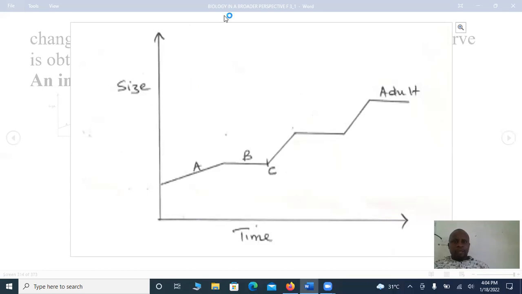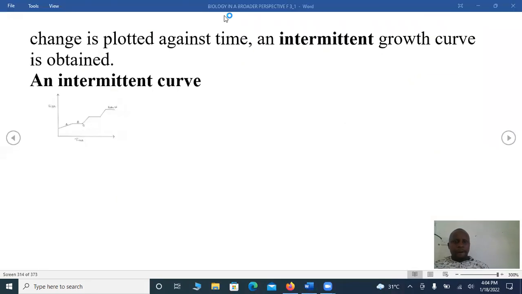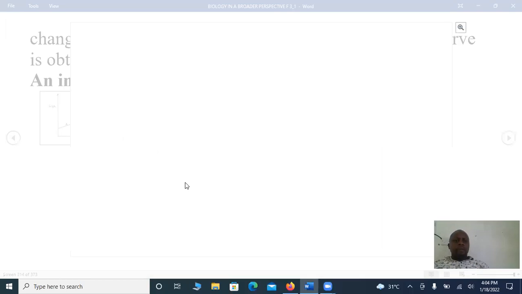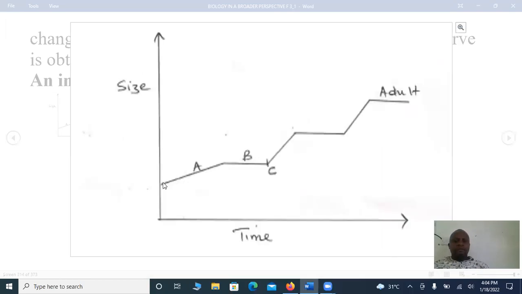Good. Now, in this graph, we are able to see that the growth curve of this particular organism is not very smooth all through.